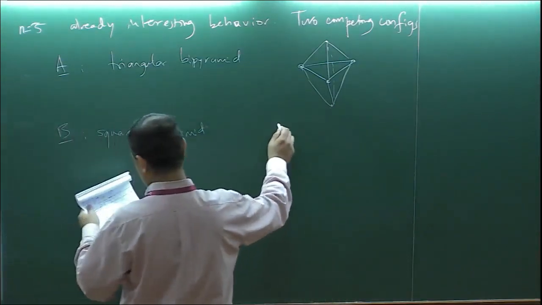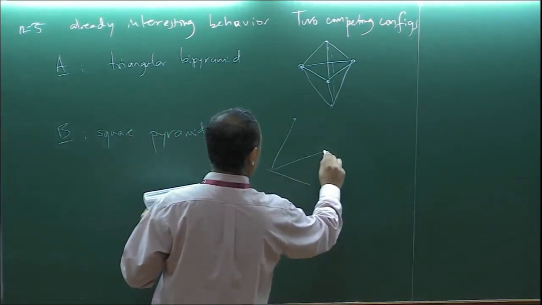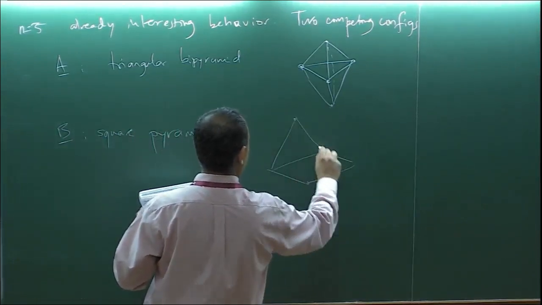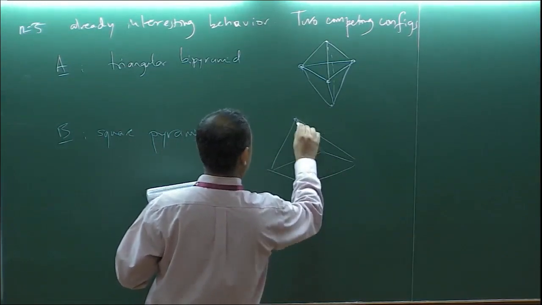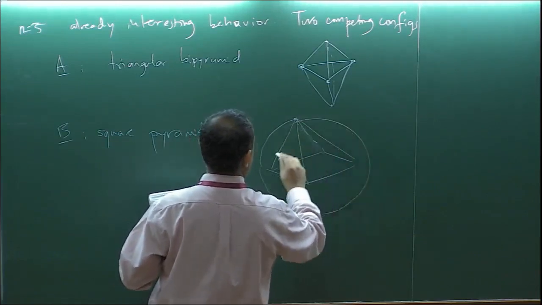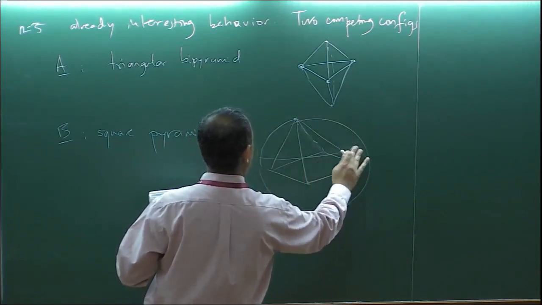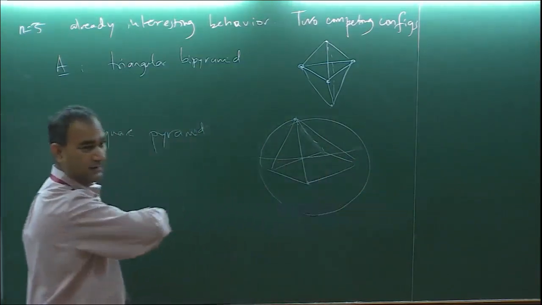So the square pyramid is the following thing. You have the North Pole, and then you have a square at some latitude theta, some theta in the southern hemisphere.